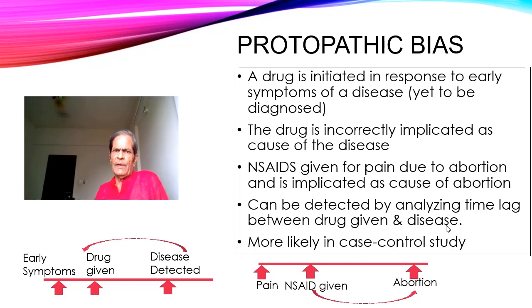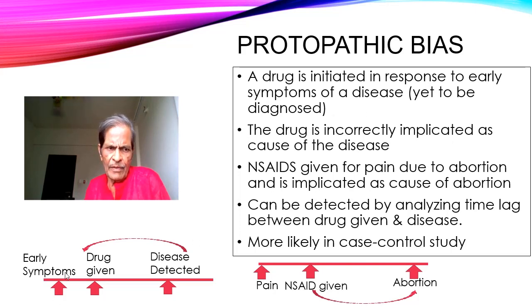Protopathic bias is another bias that occurs in pharmacoepidemiological studies. A drug is initiated in response to an early symptom of a disease yet to be diagnosed. The disease is yet to be diagnosed, but the drug is given for an early symptom of that disease. The drug then is incorrectly implicated as the cause of the disease.